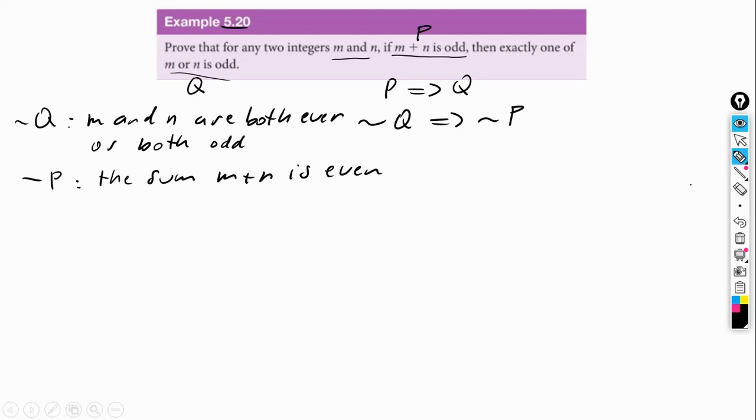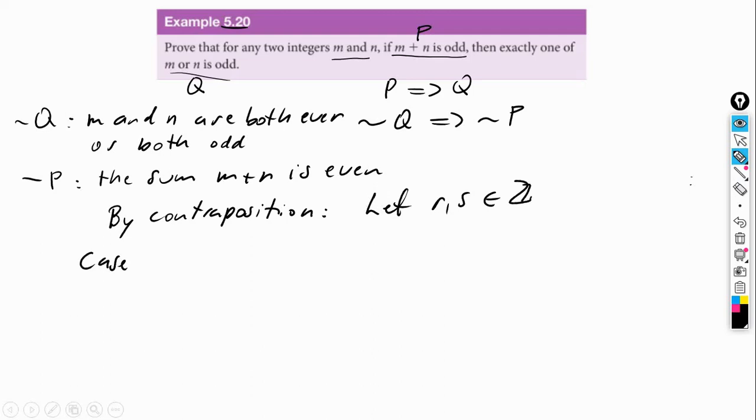So we're going to prove this by contraposition. We say by contraposition, first let's state that r and s are integers. And we have two cases.